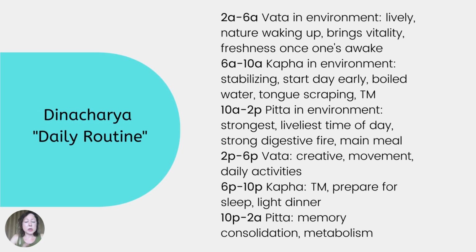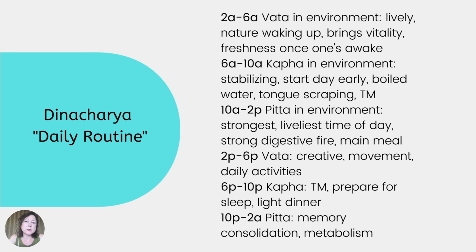Now, what can we do if we are finding that there's other dosha qualities in other doshas where they don't belong, or an aggravation or intensity? There are a couple things you can start doing right away. One is a Dinacharya, which is called daily routine. There's many aspects to a daily routine, but thinking about the qualities of vata, pitta, and kapha in the environment and attuning more to them.